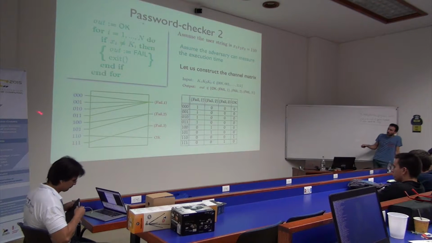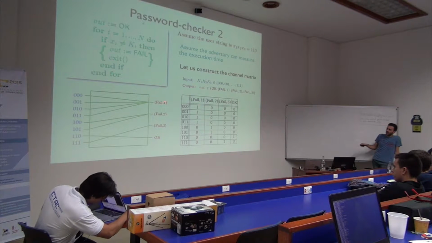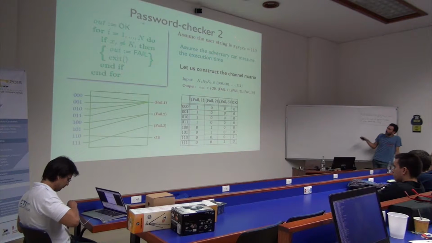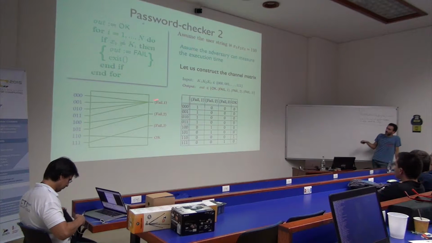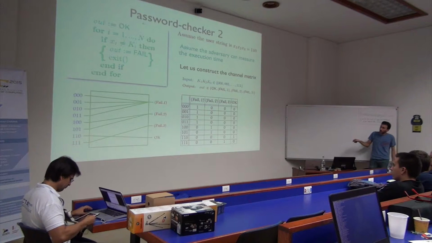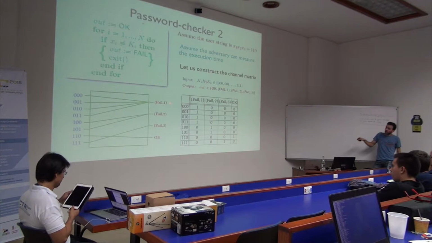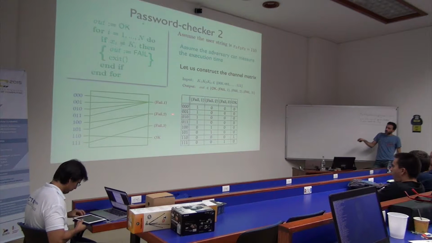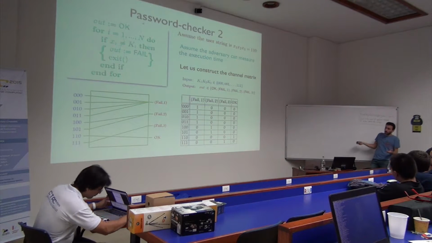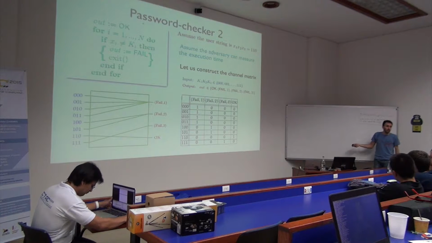What's going to happen is that there are now 4 passwords that fail right away, immediately, because the user entered 1 here and the password was already wrong in the first place. So these are mapped to 1 observation. There are 2 passwords that fail on the second bit, 1 password that has 2 bits correct and only fails on the third one, and of course 1 password that completely passes.